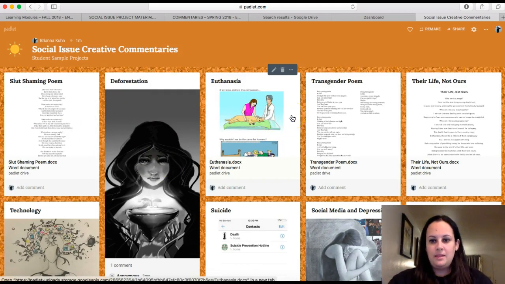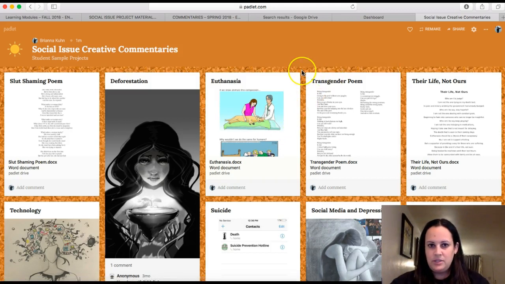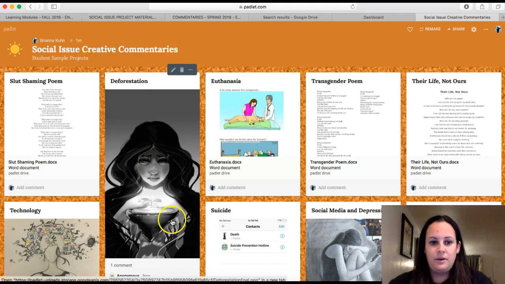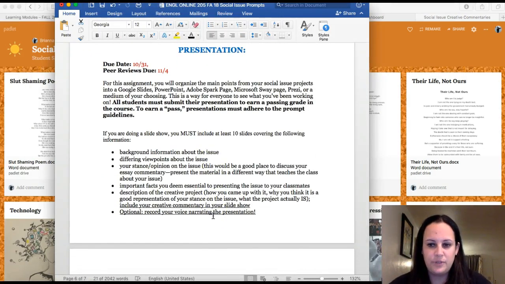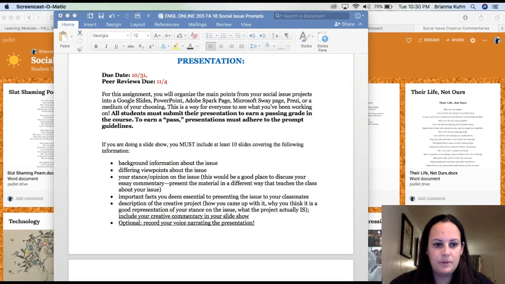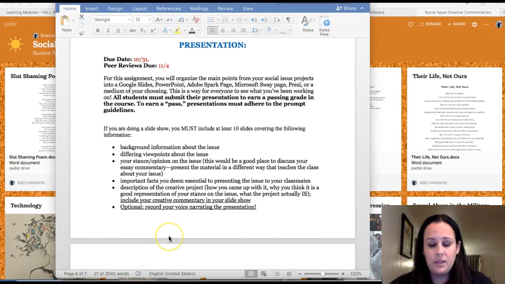And then the last thing that we're going to do is share out what we've worked on. The last thing is going to be your presentation. Now, this isn't a formal presentation where you stand up in front of a class, obviously, because this is an online class. But you are still going to create a presentation of sorts.